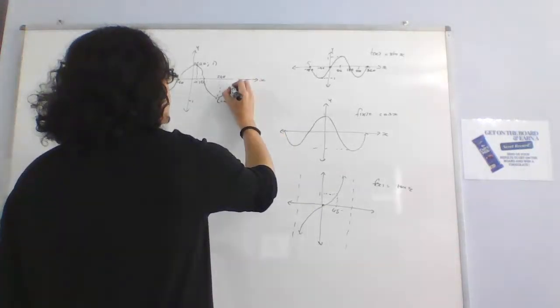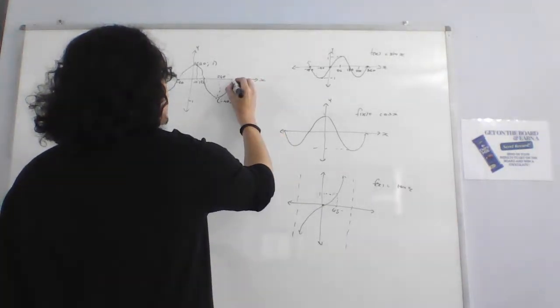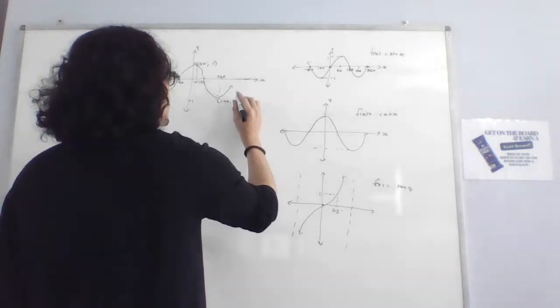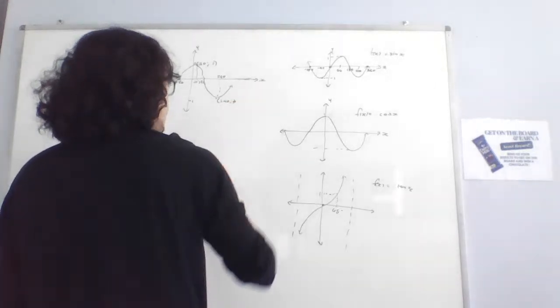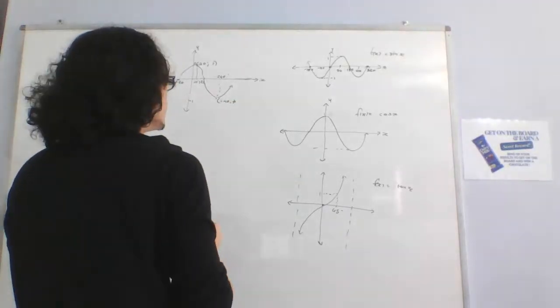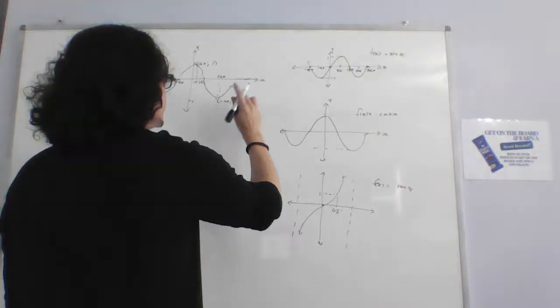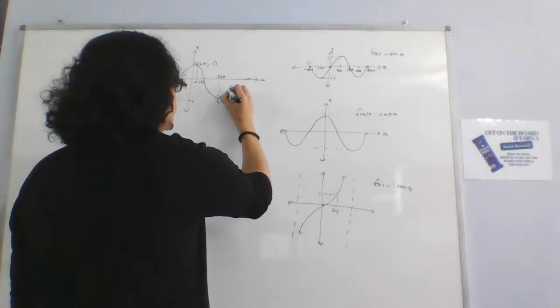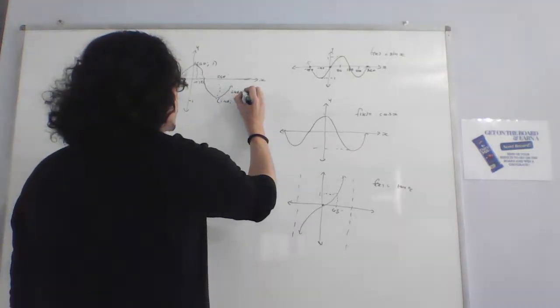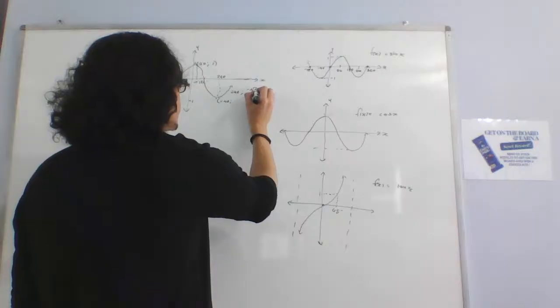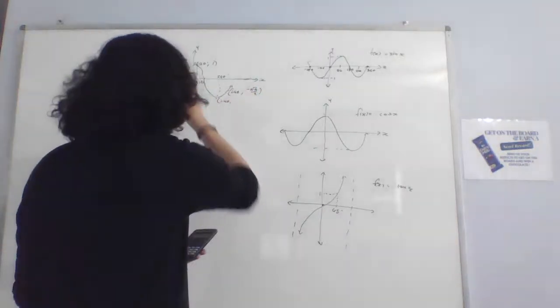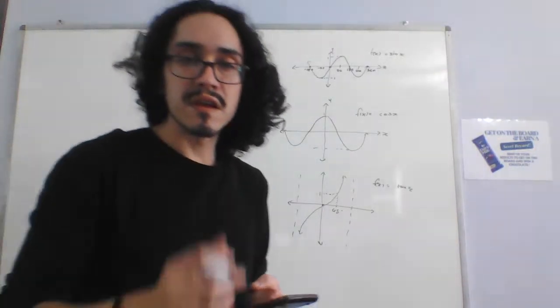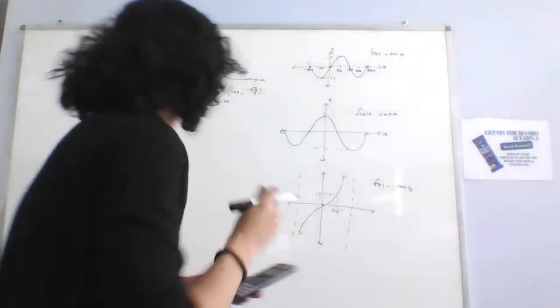Really want it to end right about here, which is, let's see, negative root 3 over 2. 240 and negative root 3 over 2. And then the endpoint on that side, let's see, negative 120 degrees.